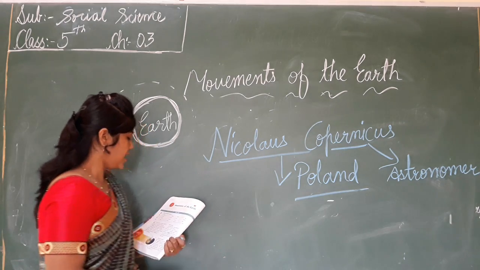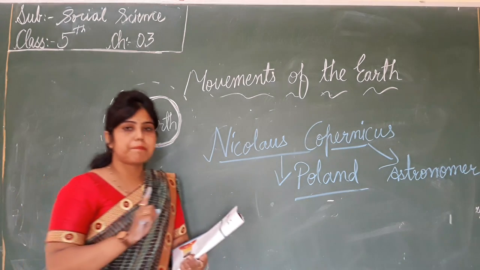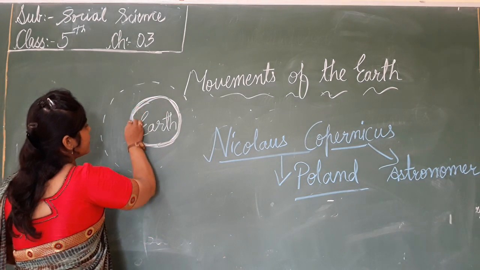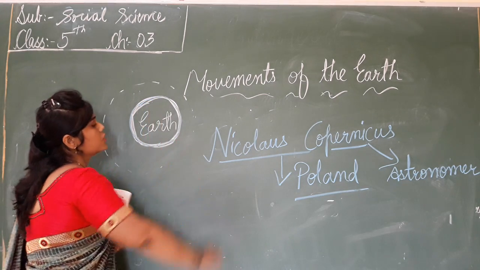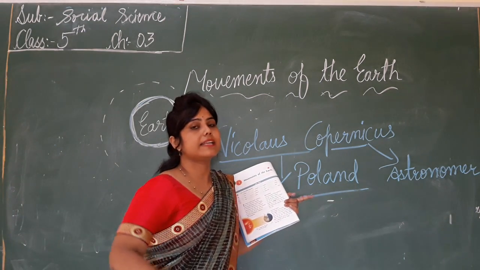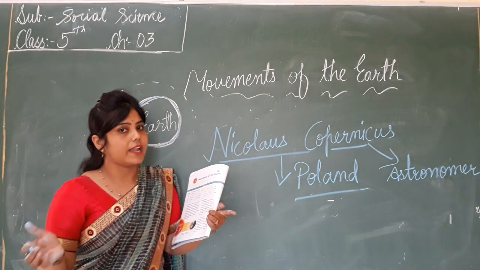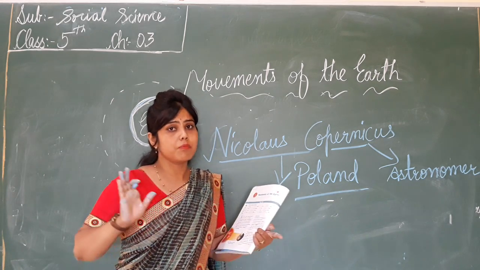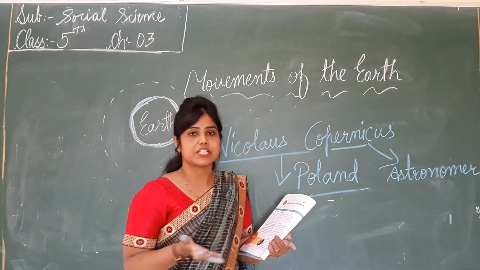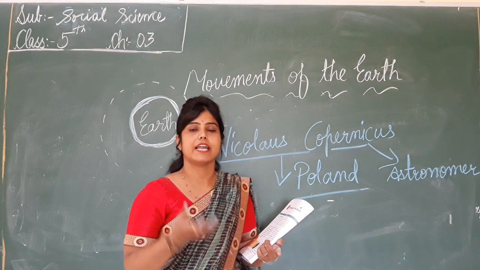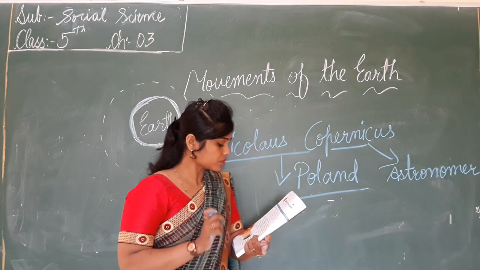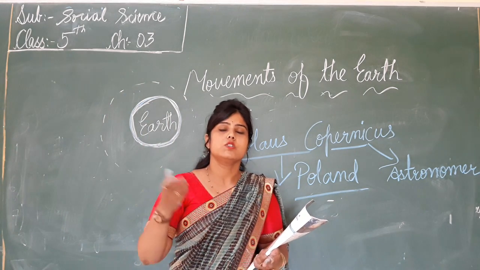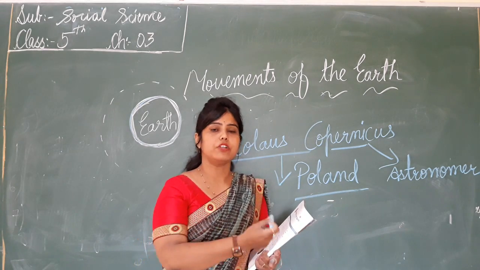He said that the earth spins on its axis. He first said that. But in ancient times, people thought that the earth was stationary, still, and that the heavenly bodies, the objects you see in the sky, move around the earth.